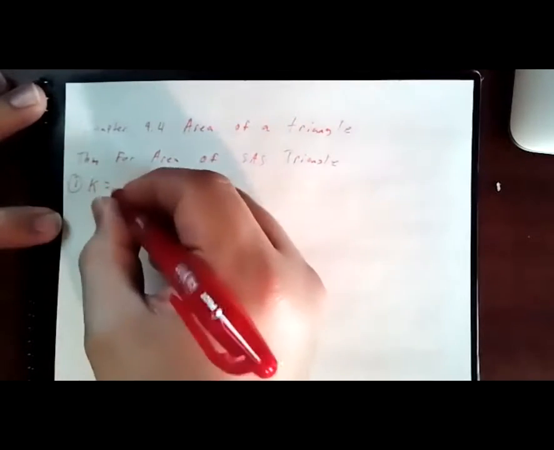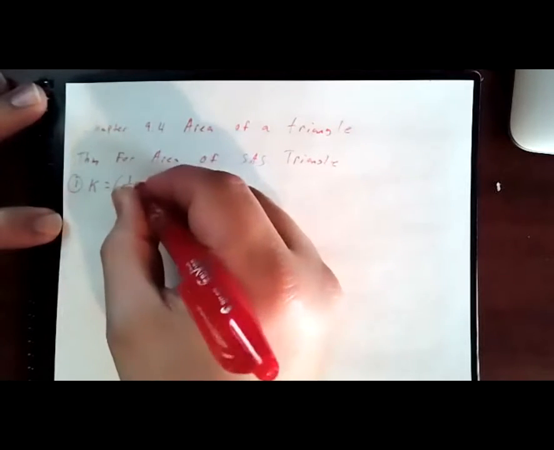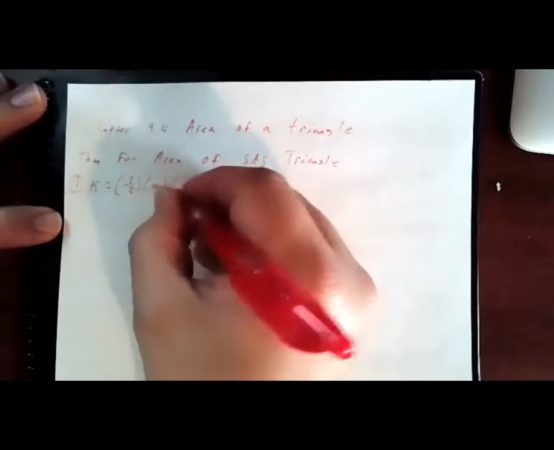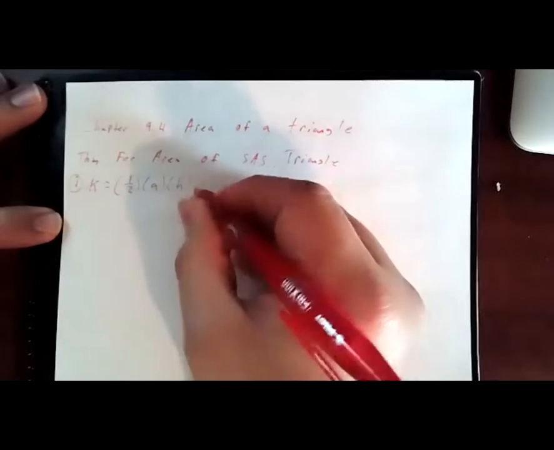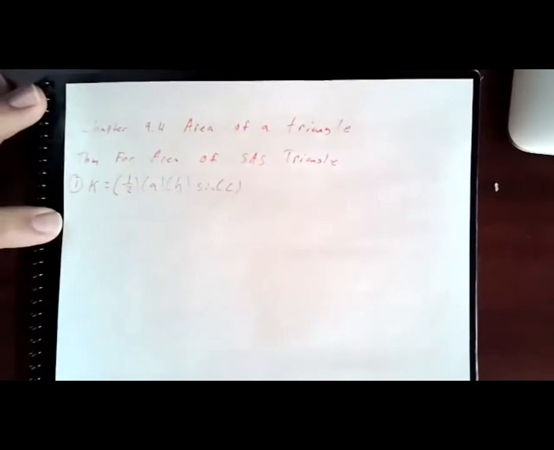So number one, K is equal to 1 half times a times b times sine of big C. I'll make a note as to what those are in a second. It's the same ABC that we've been using, but I'll make a note of it anyway.